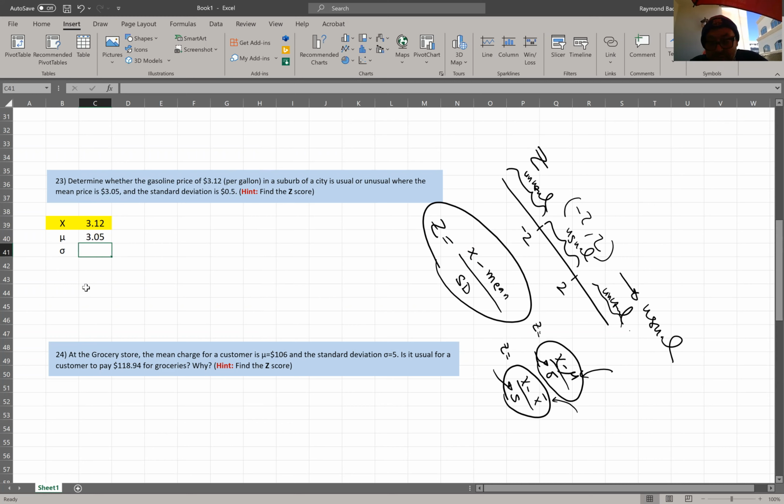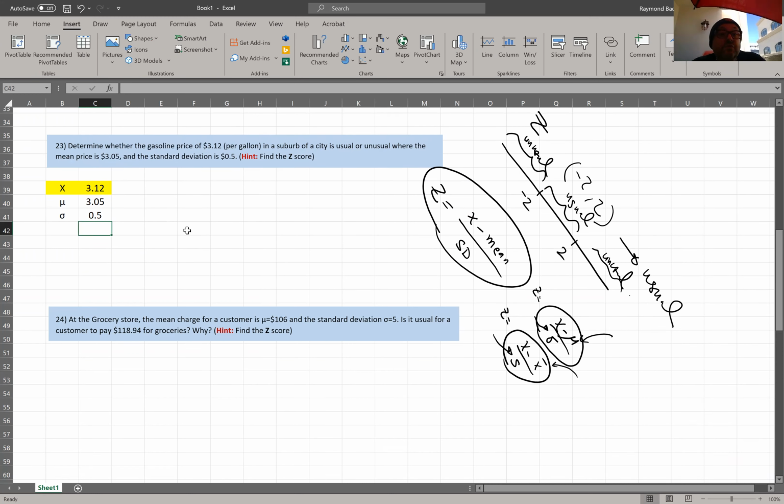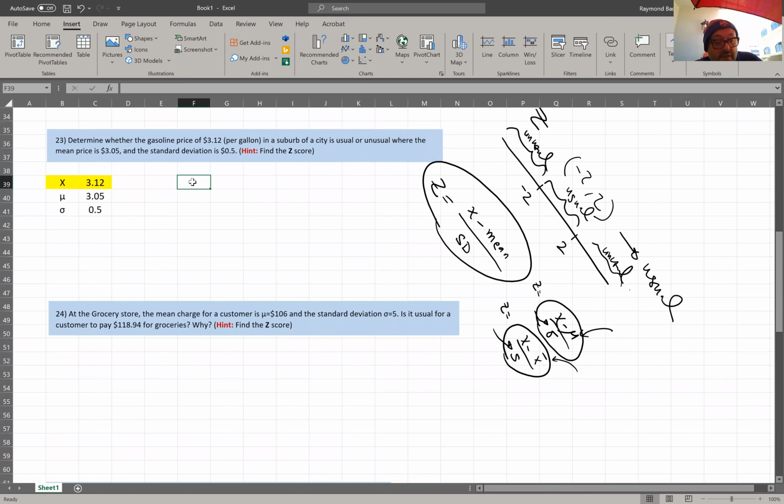And what's the standard deviation? 0.5. So it says usual or unusual, and the hint is to find the z-score. How would I find the z-score? Here you would use a little bit of Excel: open parentheses, x, and I don't really have to type x, just click on it, minus the mean, which is that, close parentheses, divide by the standard deviation.